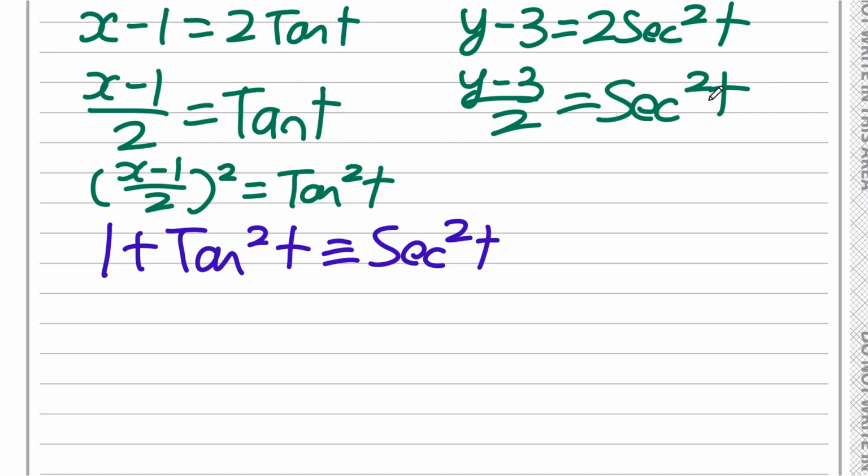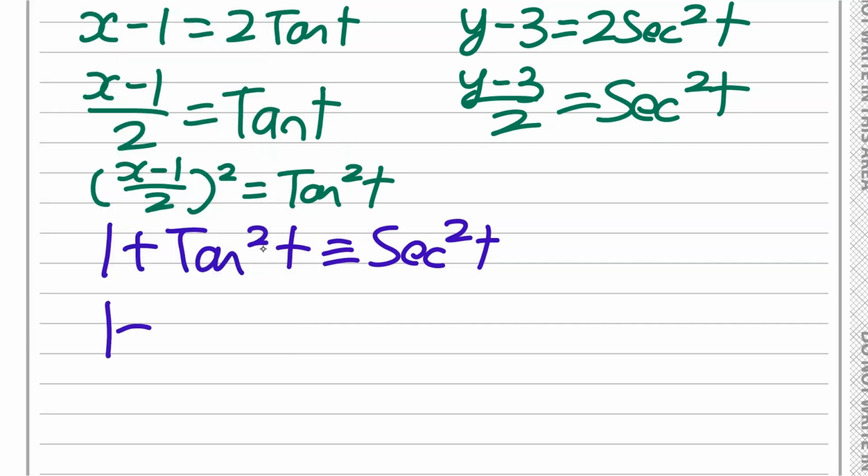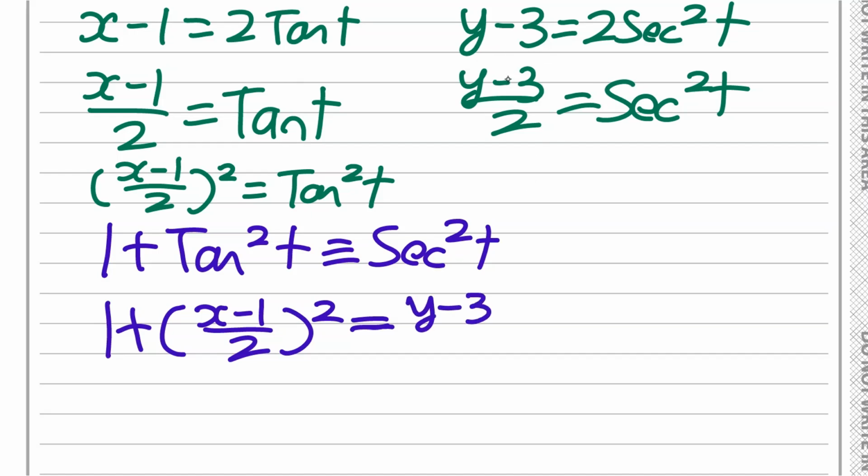So we're going to sub in sec squared t and tan squared t into this identity here. So if we do this, it's going to be 1 plus, and then instead of tan squared t, it's going to be this x minus 1 over 2 squared, and this is equal to sec squared t, and we're going to sub in this y minus 3 over 2, like this here.